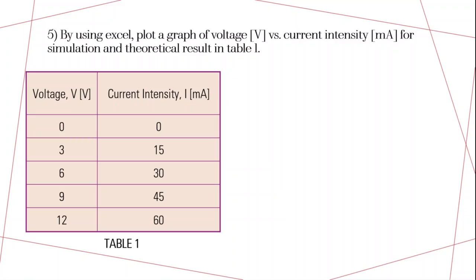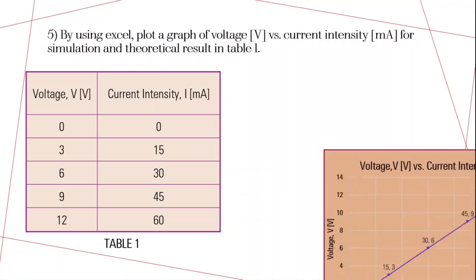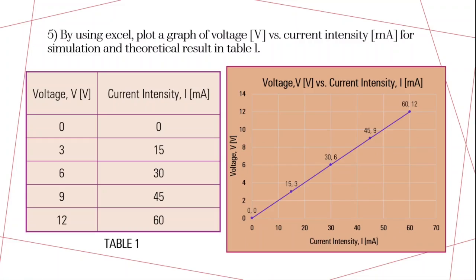We copy this table into Excel, and the y-axis is voltage V and the x-axis is current intensity I. You should get a directly proportional graph because the graph passes through 0.